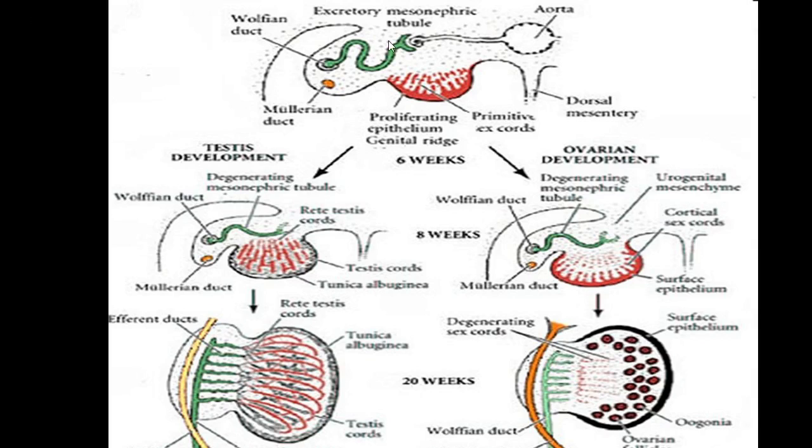Here in this diagram, you can see the formation of the genital ridges at 6 weeks.